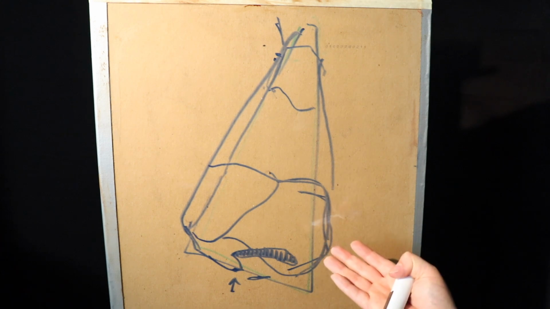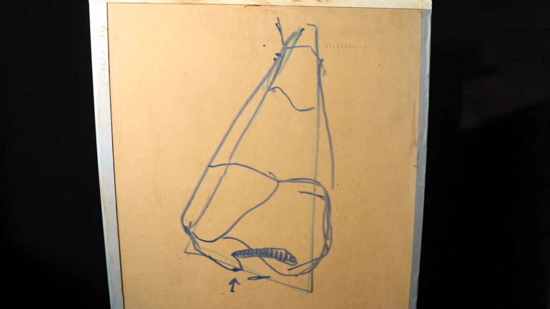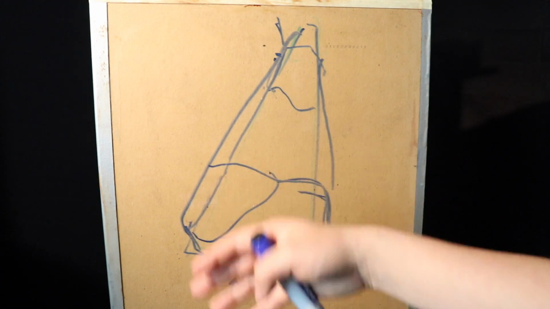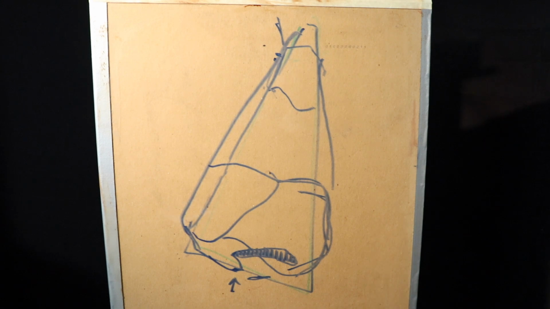Now that we have the structure of the nose, we are going to want to look at the planes. Once we get into the planes, then we'll be able to apply some form modeling. One of the more important things to talk about is the term base boundary, which was taught to me by my teacher, John DeMartin.